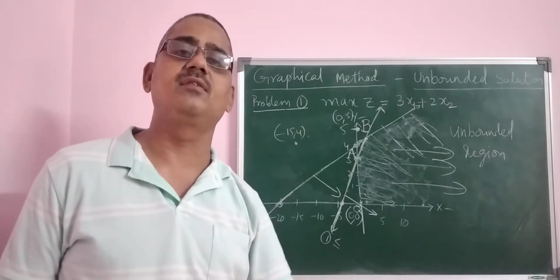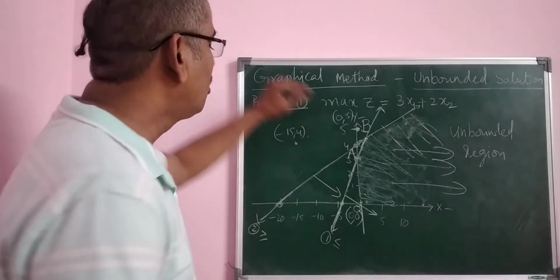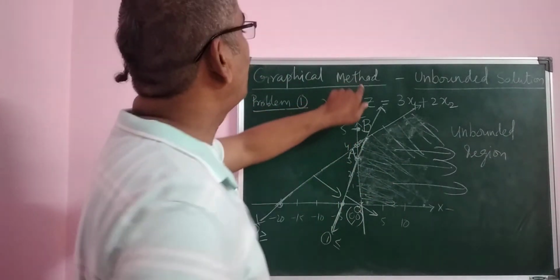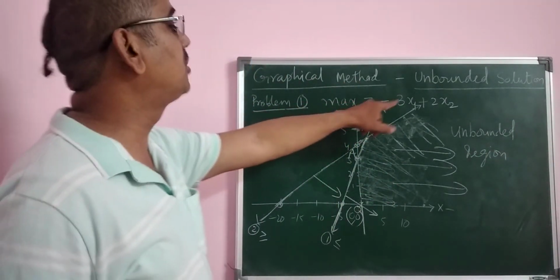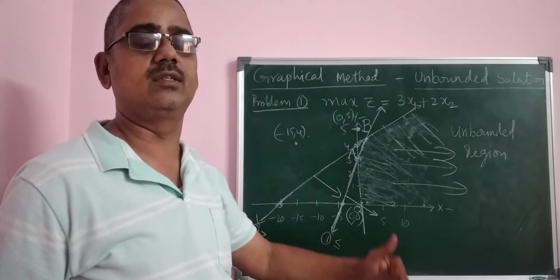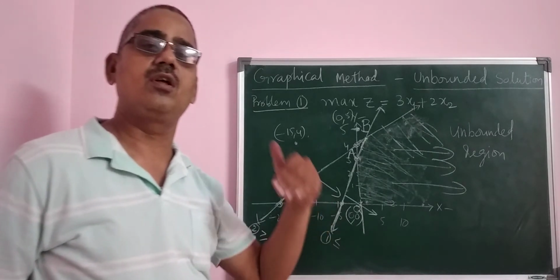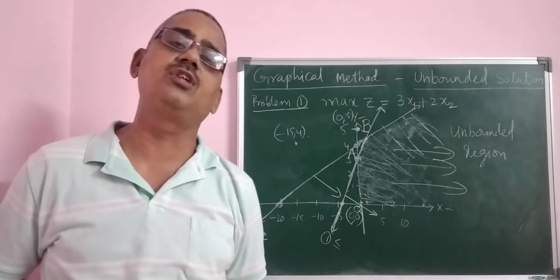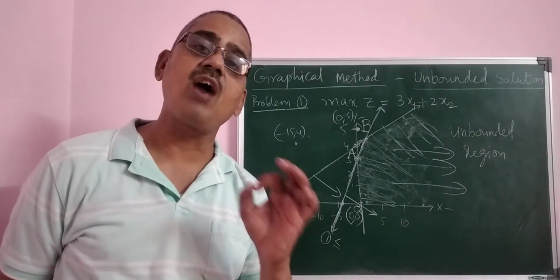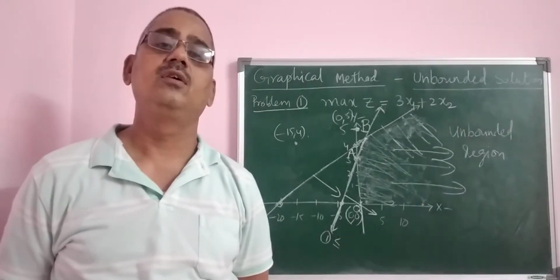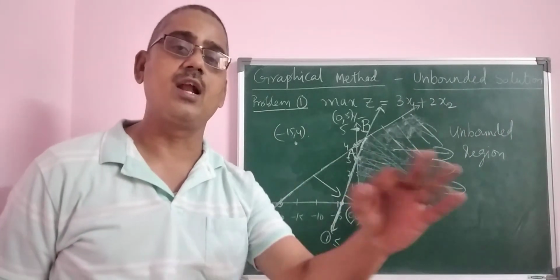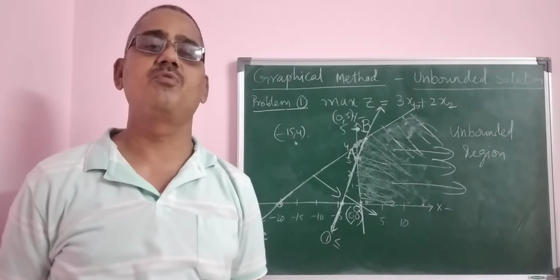There is no limit. So for this problem, maximize z equals 3x1 plus 2x2 subject to the given constraints, the common region is an unbounded region and the maximum value cannot be attained. It is called an unbounded solution. Hope you understand.